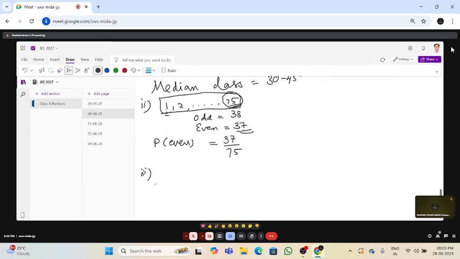It is very simple, just common sense. Median value: we saw that the median class is 30 to 45, so it has to be 30 plus something. Now, what is the size of the class? 15.